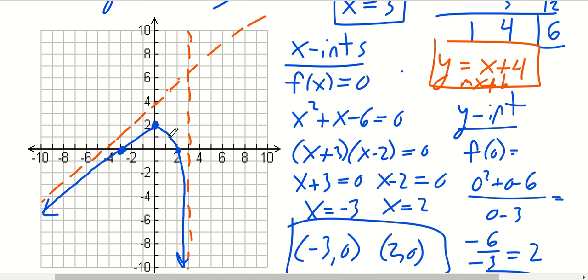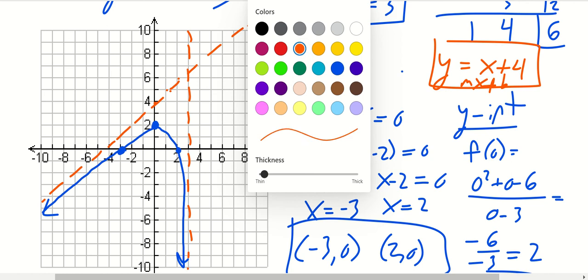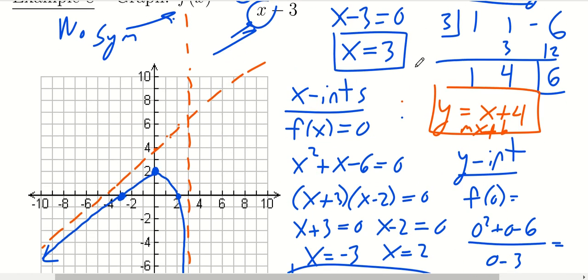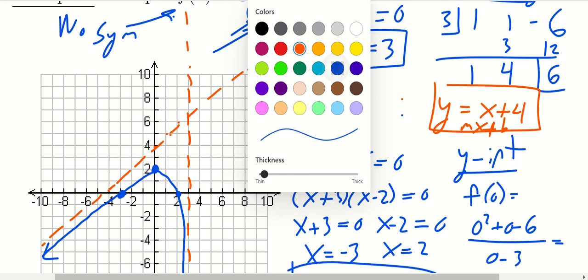We know what the graph looks like to the left of the asymptote x equals 3, but we don't quite yet know what it's going to look like to the right of 3. This is where you might want to do a couple of things. You can either plot another point, or you can think about the different possibilities here. We know the graph has to follow the asymptote, so there's two choices.